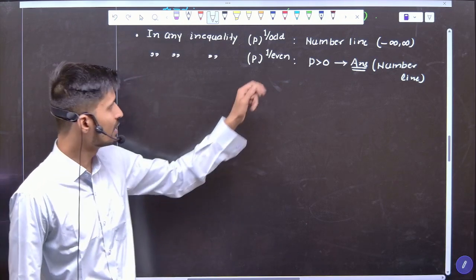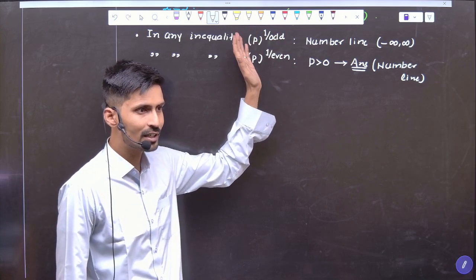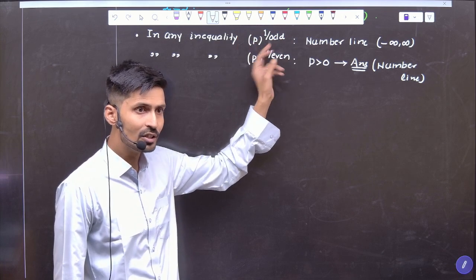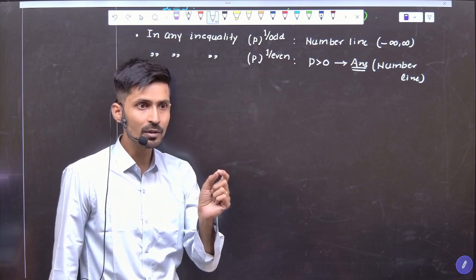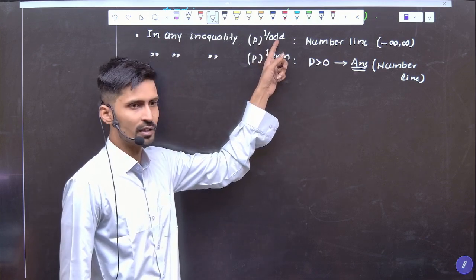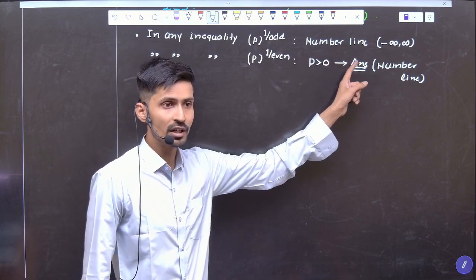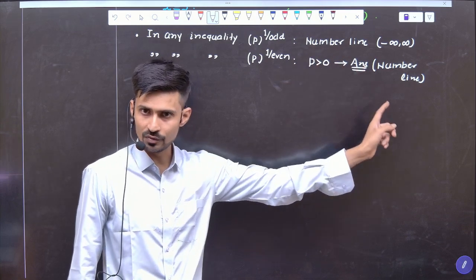If the degree is not an integer, you will see the denominator of that degree. Don't see the numerator. See whether the denominator is an odd number or an even number. If it is odd, in the final answer you are going to put the number line between minus infinity to infinity.